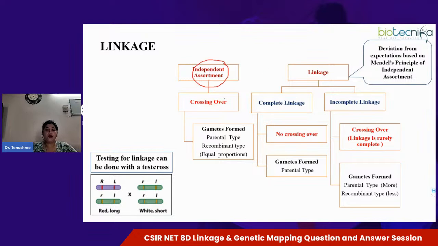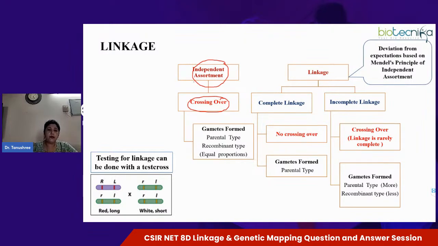So definitely crossing over has occurred, a physical exchange between the non-sister chromatids of homologous chromosomes, and that results in recombination in the progeny.